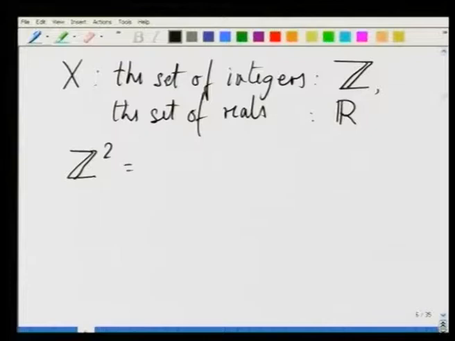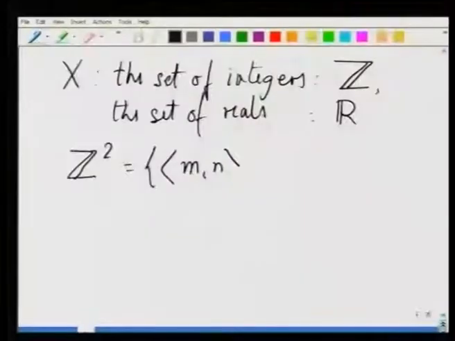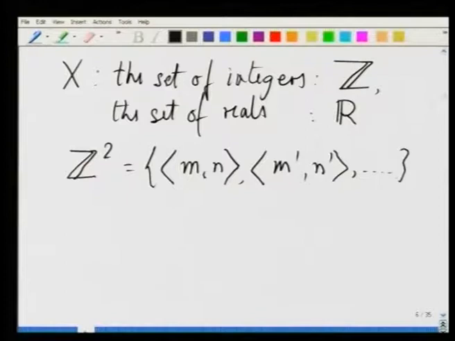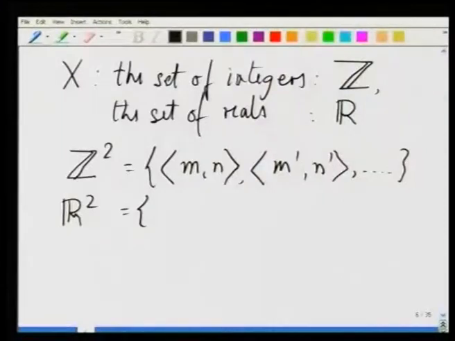Z squared is therefore the set of all pairs like (m, n), (m', n'), etc. Likewise, we could be using R squared, which is also a two dimensional Cartesian product, as it is called, of real numbers.